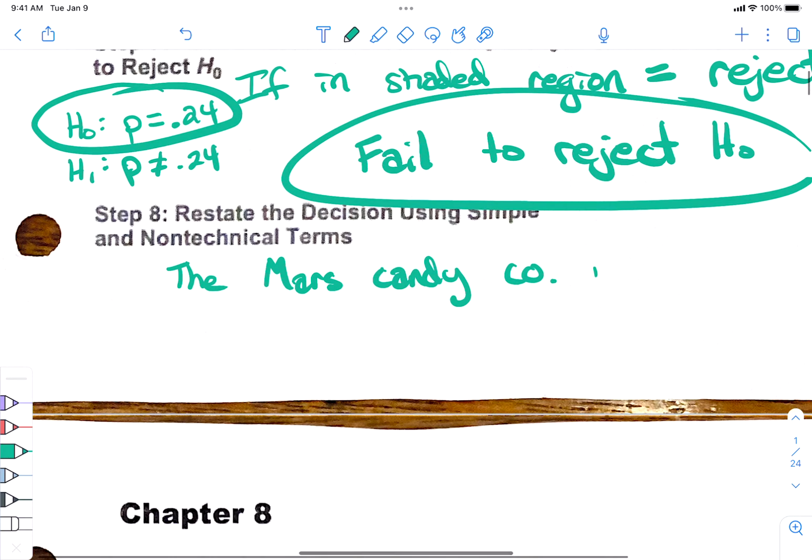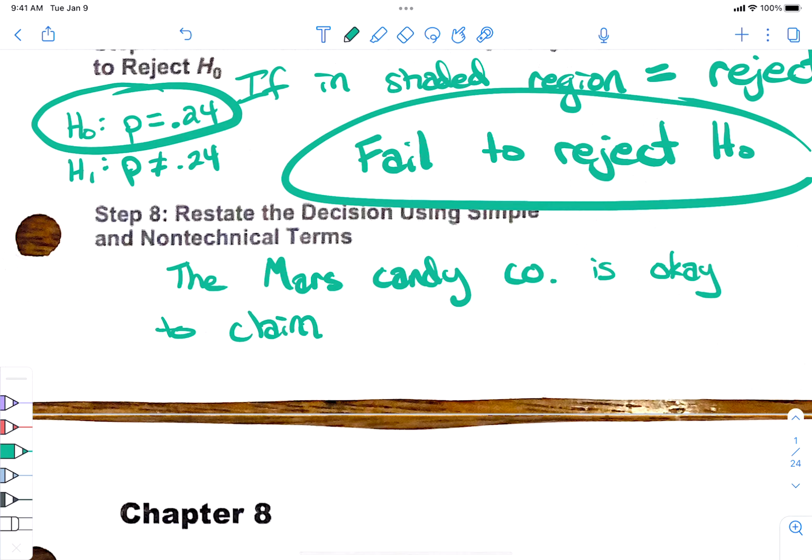They are okay to claim that 24% of their M&Ms are blue.